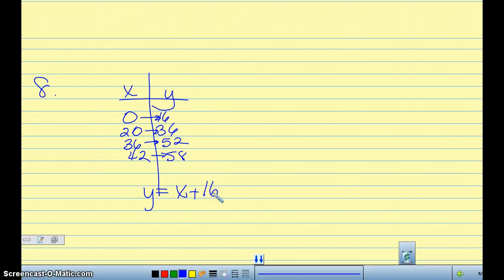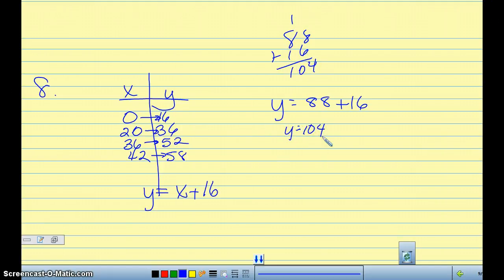So that means if I want to find out what y is for x is 88, I can do that. I plug in 88 for x. Y equals 88 plus 16. You don't have to do this, it's not in your book, but I just want to show you. I would get y equals 104.